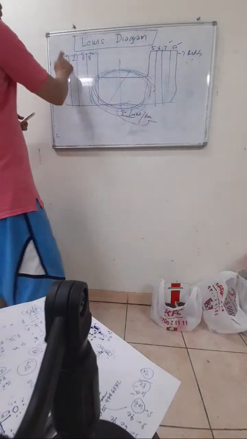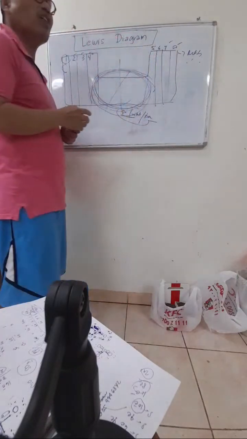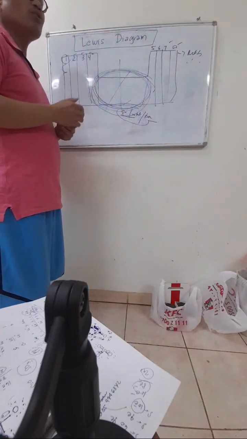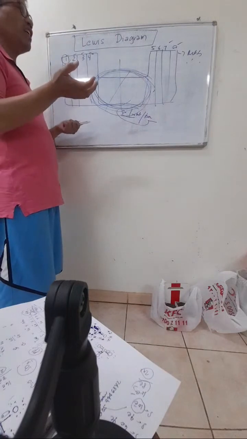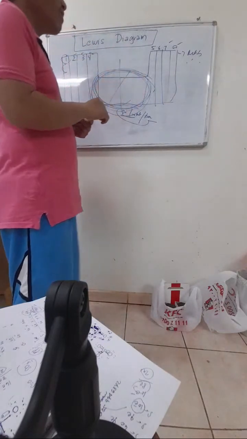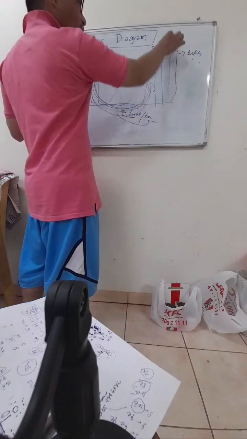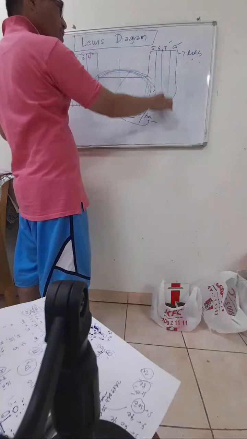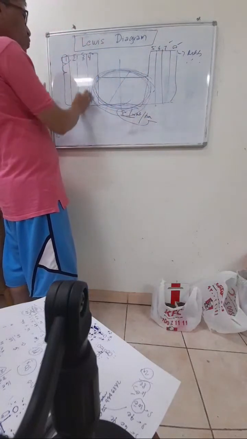Now, these numbers 1 through 8 also represent the number of valence electrons, which is very useful in detecting how polar or nonpolar our substances really are. There are elements in groups 8, 7, 6, 5, 4, 3, 2, 1.